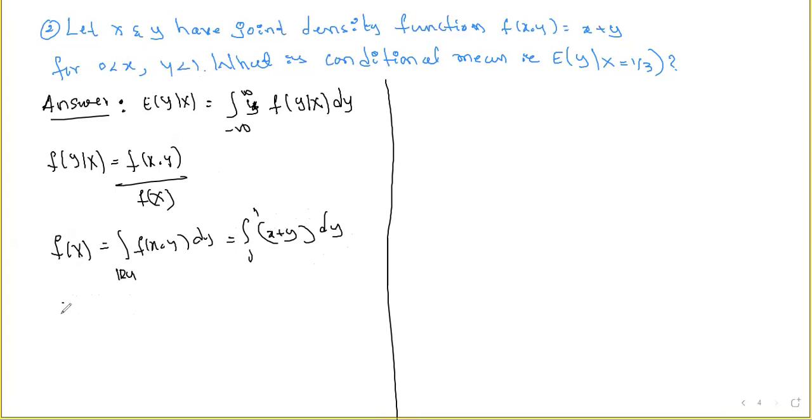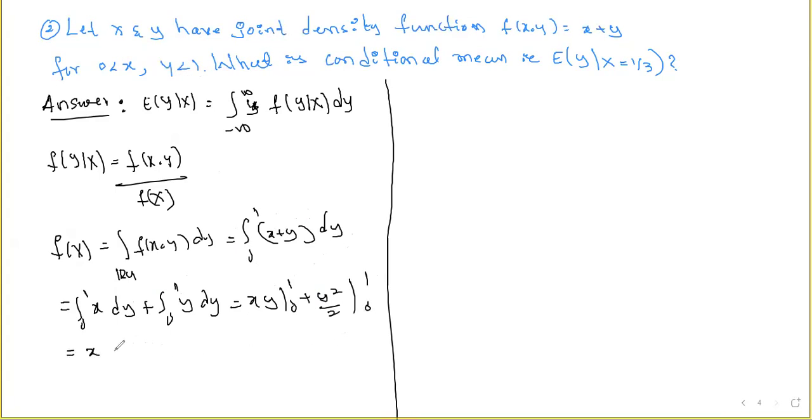So here, this is equal to integration 0 to 1 x dy plus integration 0 to 1 y dy. X is independent, so we'll take outside the integration sign. So here x times y from 0 to 1 plus y square by 2, 0 to 1. This is equal to x plus 1 by 2, right? So this is what our f of x.